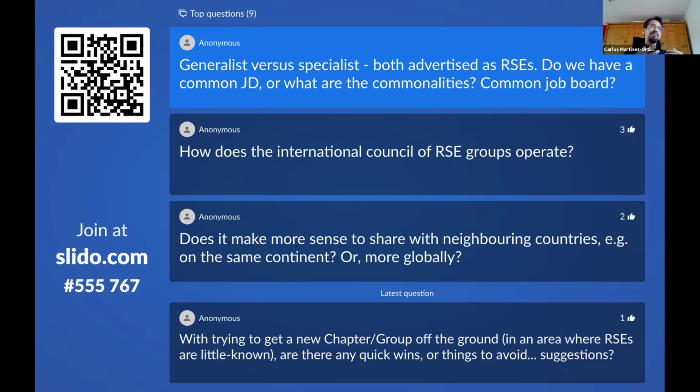So my point is that if we can do this for data stewards, we should be able to also do it for research software engineers. It's something that we're trying to promote and lobby for, but I think it's going to be a long process as well.